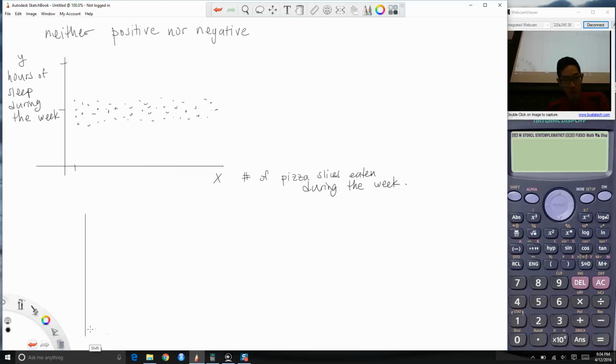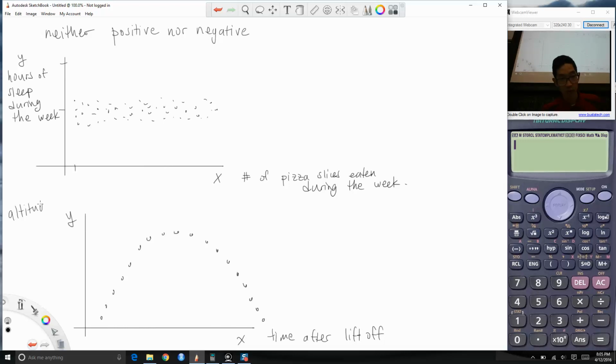Or maybe you get something that looks like this. X could be time after liftoff, and then y could be the altitude of some toy rocket or something.